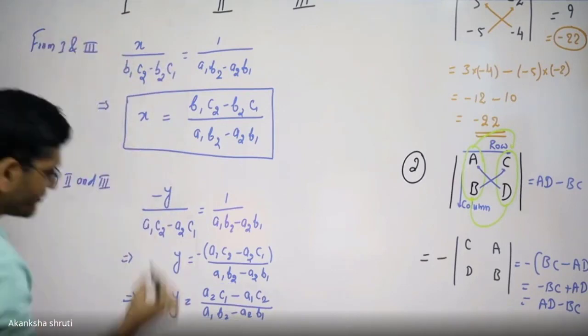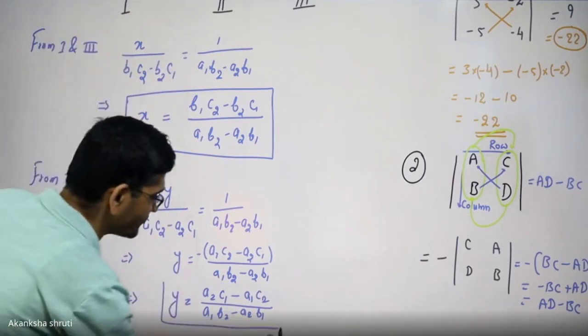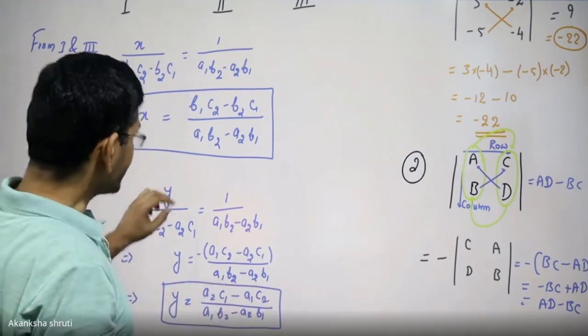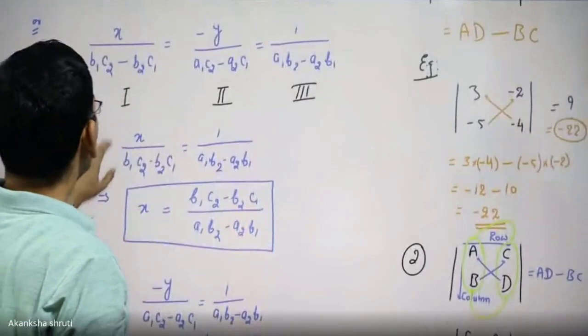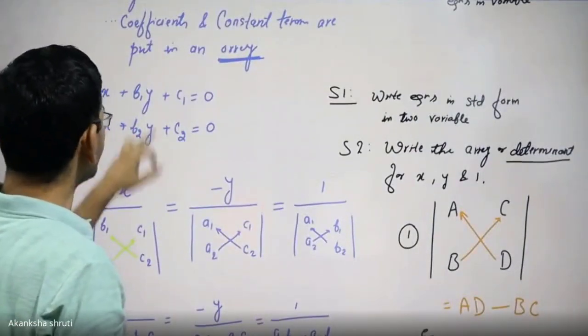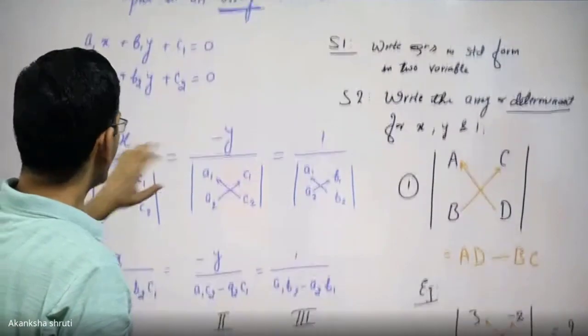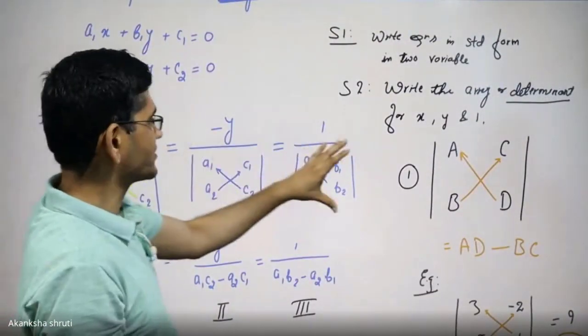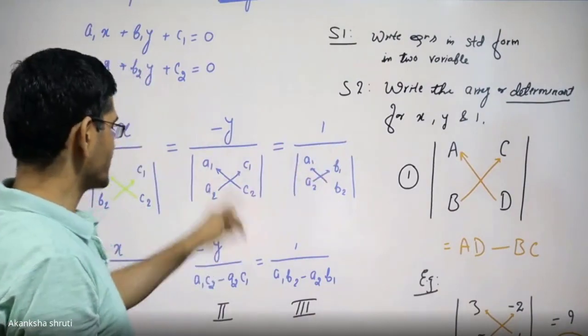So here we are observing that the value of x and y can be determined very conveniently by writing these coefficients of x, y and the constant term in some array form or in this matrix form and doing the cross multiplication.